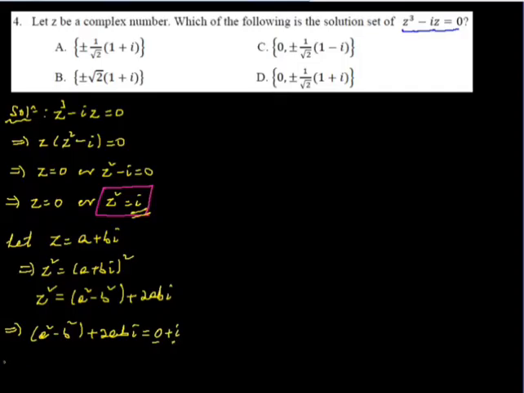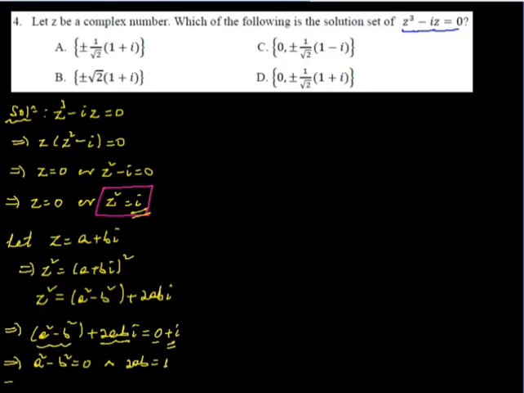So from this we can get that a square minus b square is the real part for the left hand side, and 0 is the real part for the right hand side, and the imaginary part is 2ab on the left hand side and 1 from the right side.